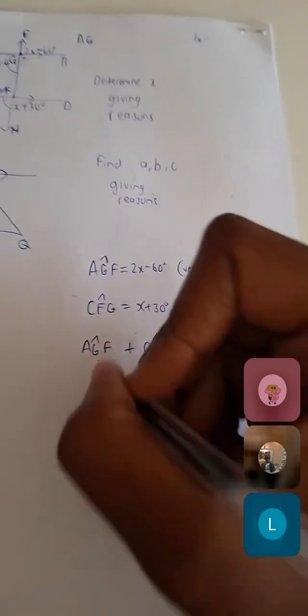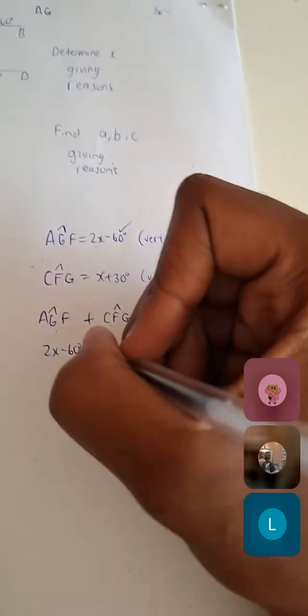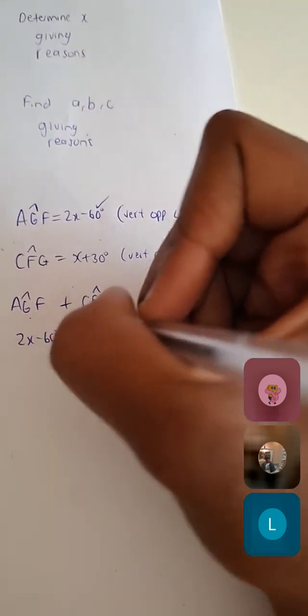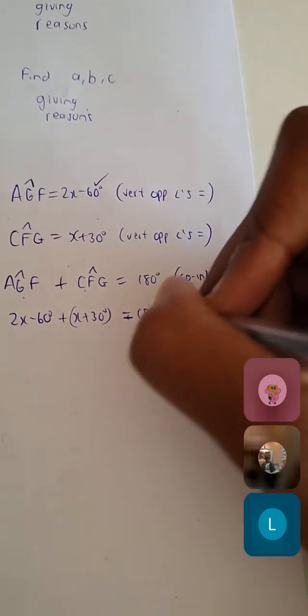Nice. So what's AGF? 2x minus 60 degrees, because you got it for me previously. And what's CFG? x plus 30 degrees. Then from there we solve.